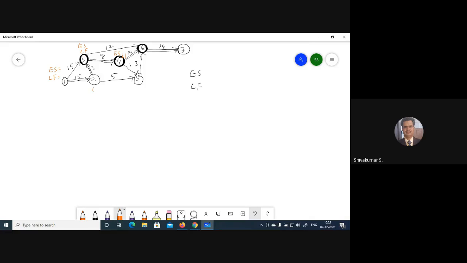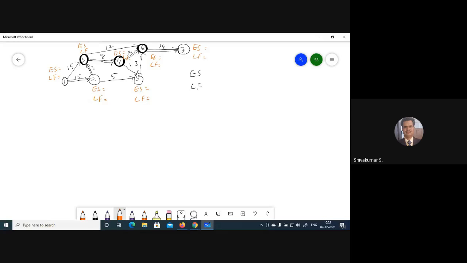You write down all these values, ES, LF, for all the events. These are the things written.